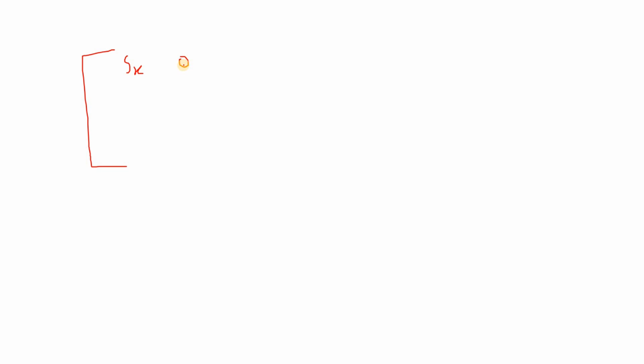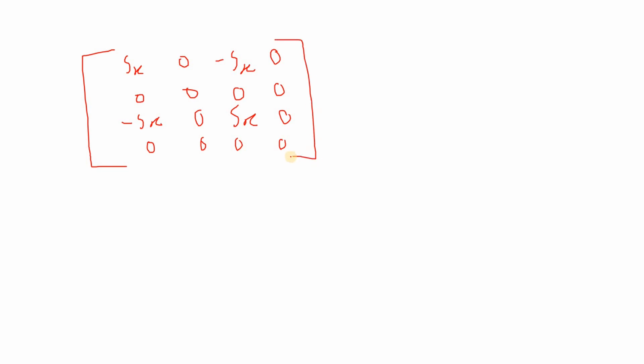So SX, then 0, then minus SX, and then again 0. This is from equation 1. From equation 2, we have 0, 0, 0, 0 stiffness. From equation 3, we have minus SX stiffness, then 0 stiffness, then SX stiffness, and then 0 stiffness. And from equation 4, we have 0 stiffness in 4 cases. So this is our stiffness matrix that can be denoted with K.